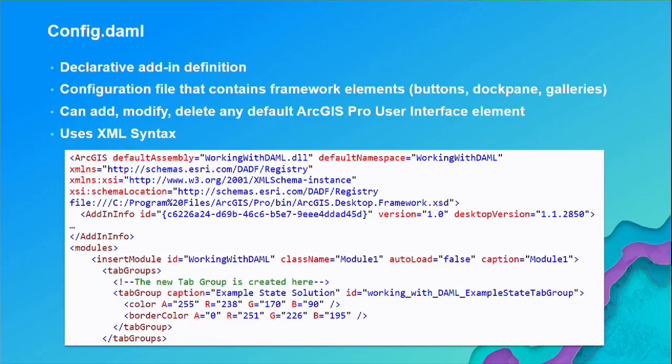In your add-in, for example, you could be creating a dock pane, perhaps add a new tab on the Pro ribbon with a group that hosts a collection of buttons and galleries, etc. All these UI elements get defined in the DAML. An important thing I want to mention here is that the DAML is used to make additions, modifications, and deletions to the Pro UI.